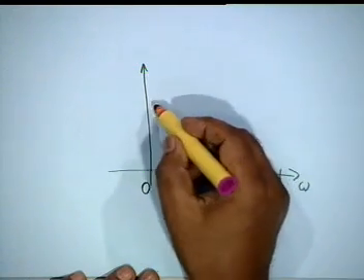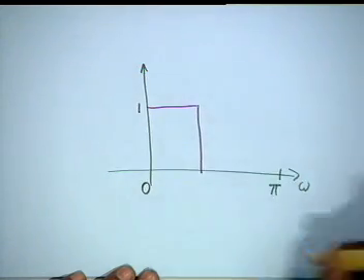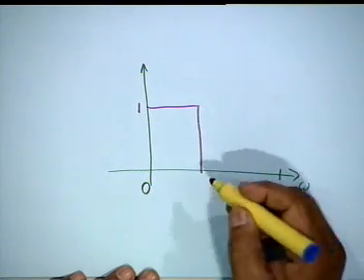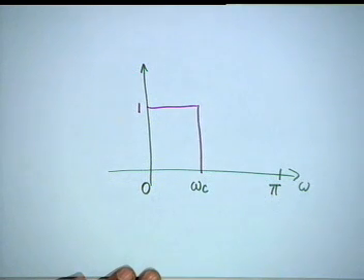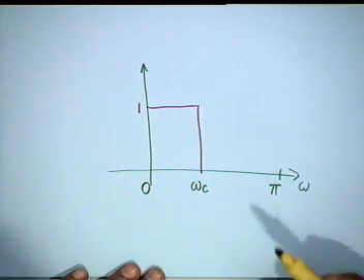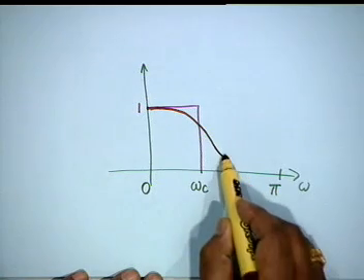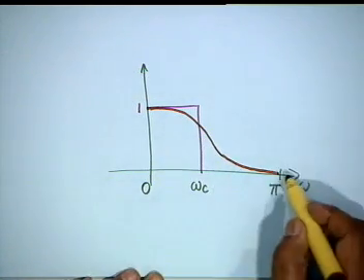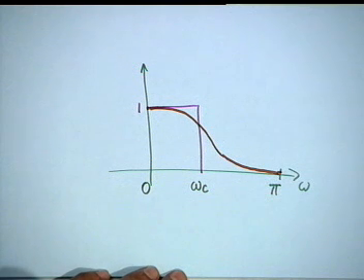Now, ideally we should have something like this, 0 to omega sub c. What we can have in practice is something like this, it has to be rounded off. So, we can have something like this, okay, a smooth curve, and this is therefore an approximation to the low pass filter characteristic.